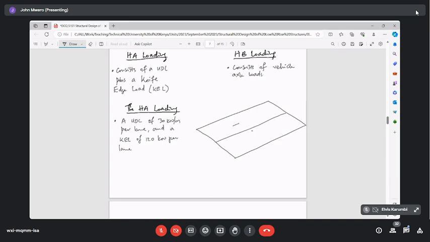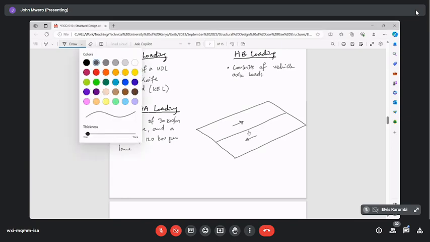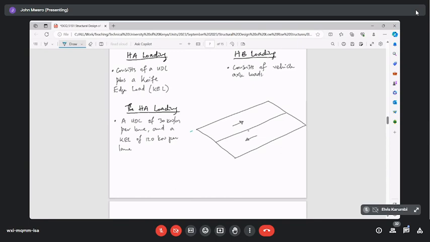You have one lane going that direction, so it's just 2 lanes. Let's assume that this road is bad line, but I will just leave it that way. Let's assume that these lanes are 3.25.